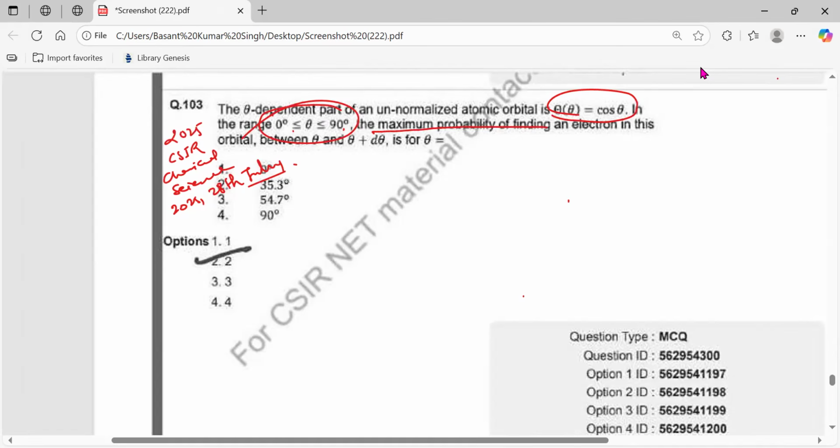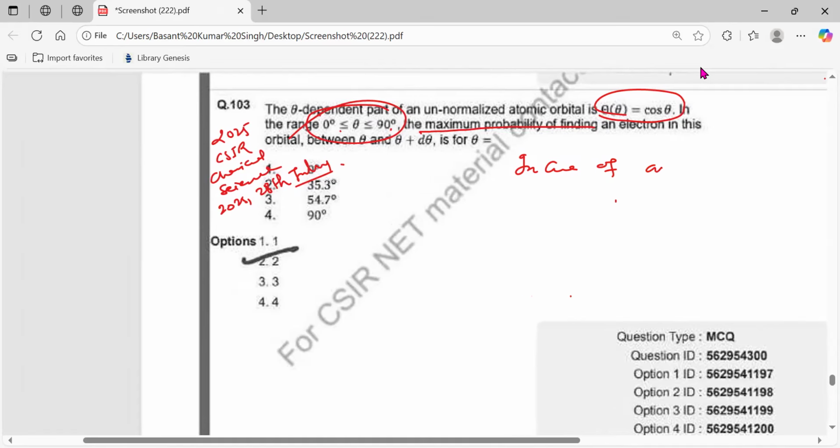We know that in case of an atom, the volume element d tau is r square dr sin theta d theta d phi. And for only the theta function, they use sin theta d theta for normalization.